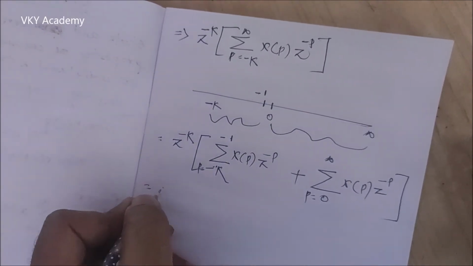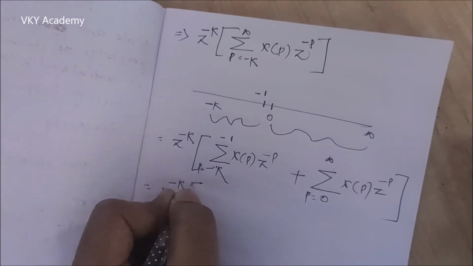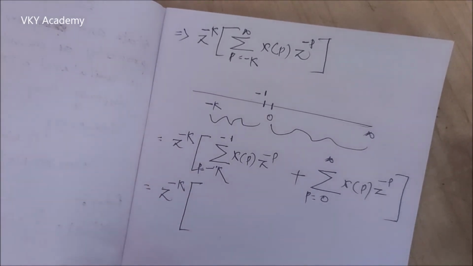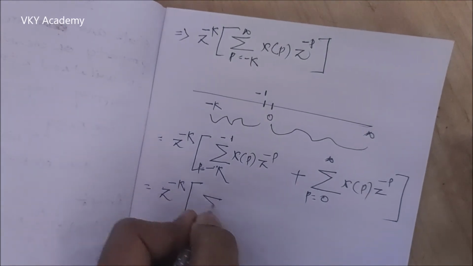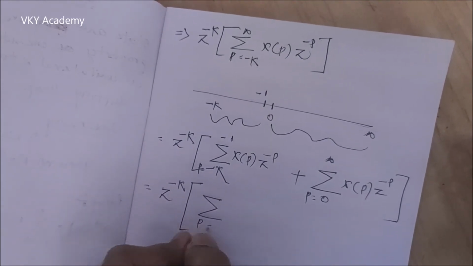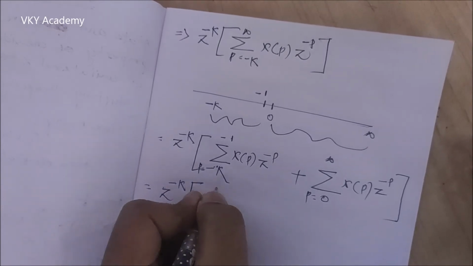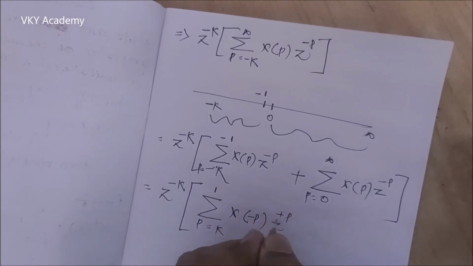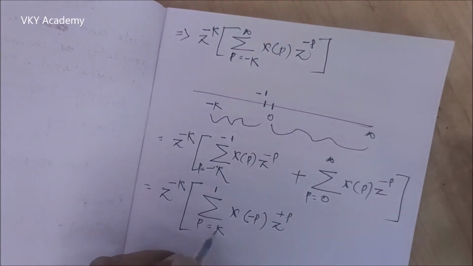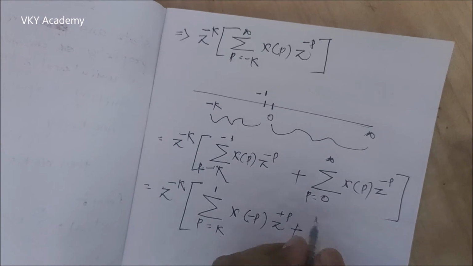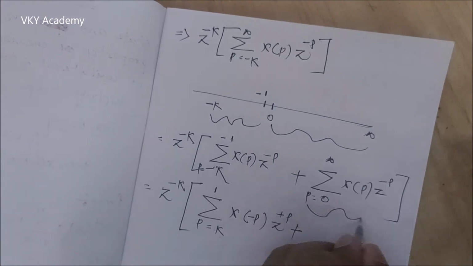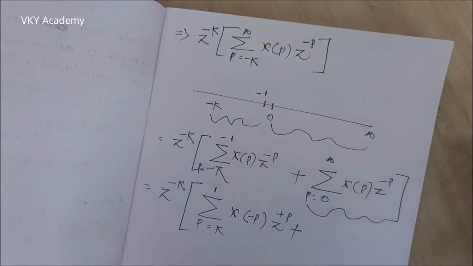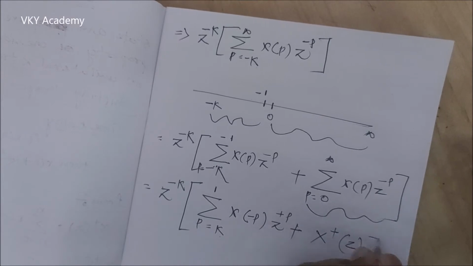Now it can be written as z to the power minus k, summation p equal to 1 to k, x of minus p z to the power plus p. I have changed the sign of the limit from negative to positive, plus this particular term is the formula for the one-sided Z transform, so it can be written as X plus z.